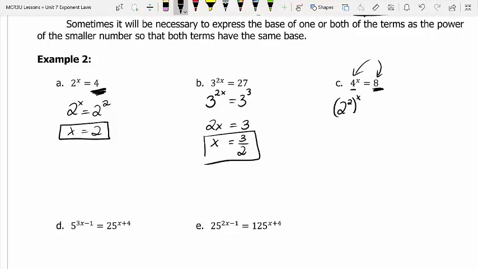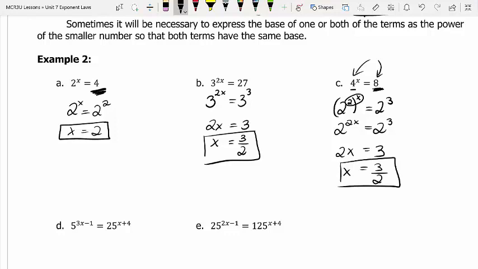Don't forget that x is still there. And then 8 is the same as 2 to the power of 3. Now I'm going to simplify a little bit, so I'm going to use the power of a power rule here. And now that I have like bases, I can ignore the bases, and all I have to solve is 2x equals 3. So x is equal to 3 over 2.